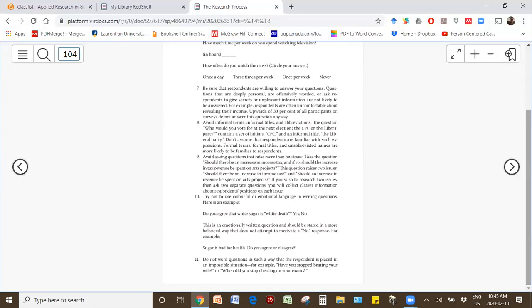Avoid asking questions that raise more than one issue, right? Sometimes you present people with what we call sucker's choices. A sucker's choice occurs when you ask a question that seems to ask for an option between the two.